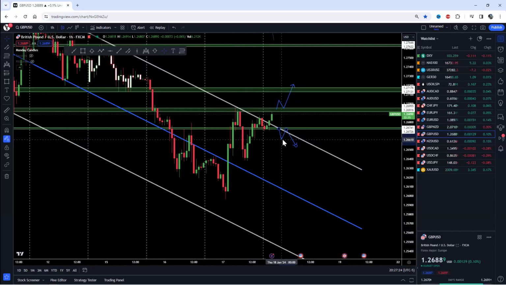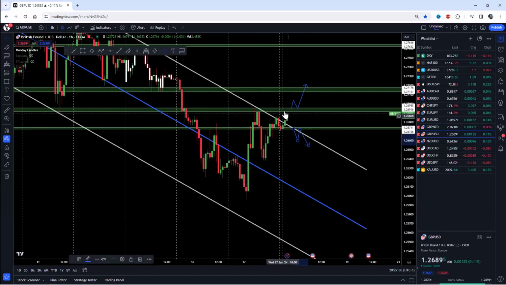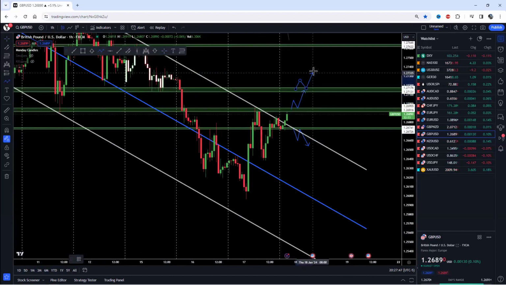That's another identifier on the downtrend. If the market breaks above this point right here, we will continue to take it up to that point.